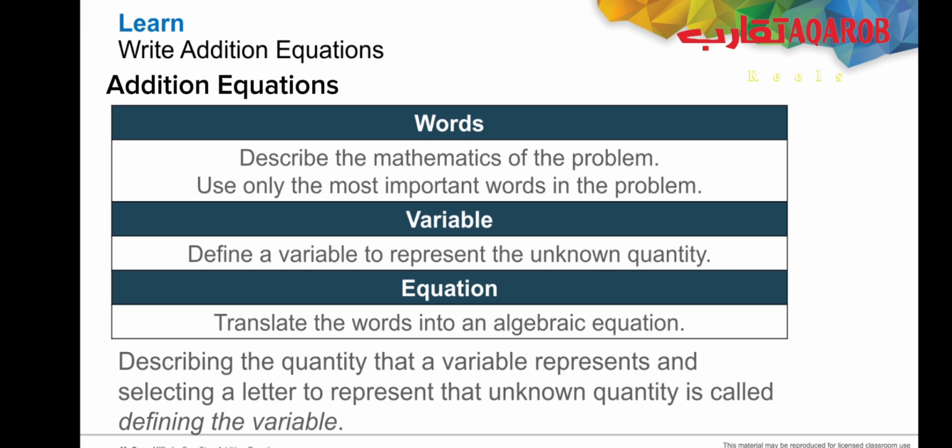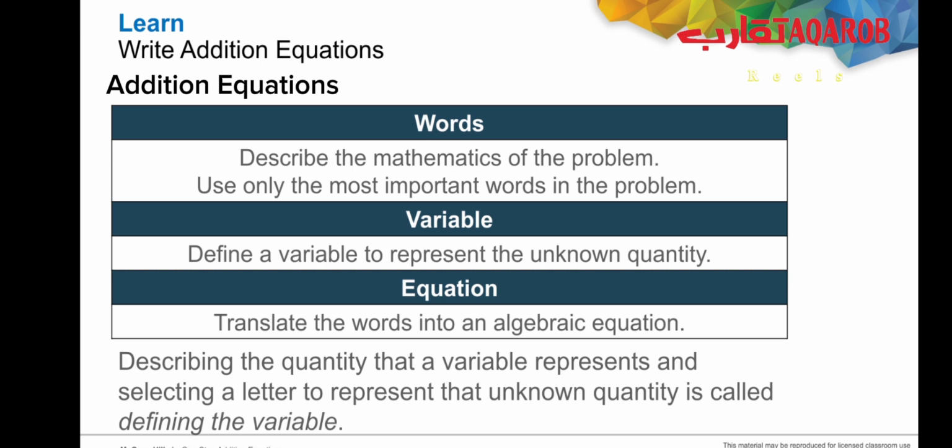When you form an equation, you must use a variable to represent an unknown quantity, an unknown number. You can use x, y, m as you want, but you have to use a variable. After that, you will translate the words into an algebraic equation.